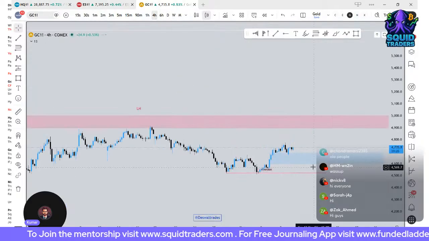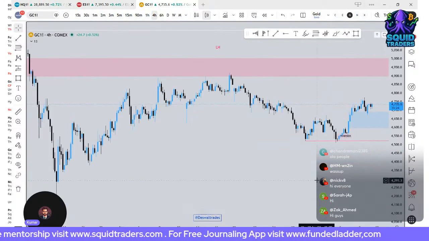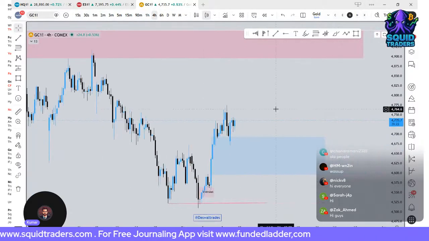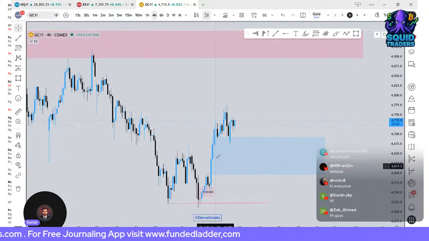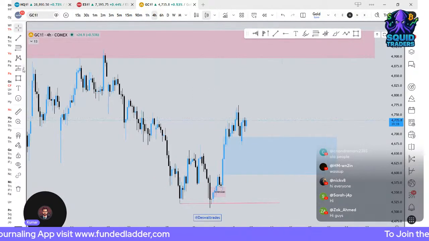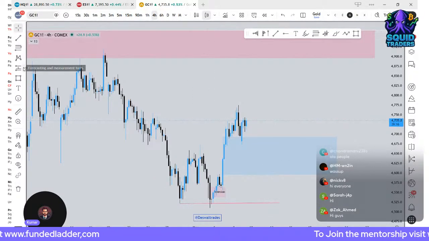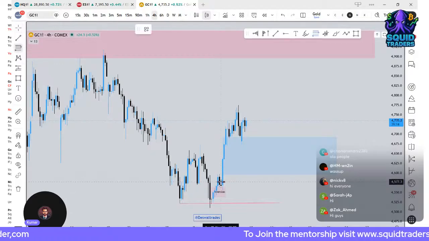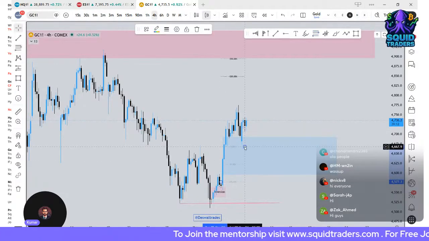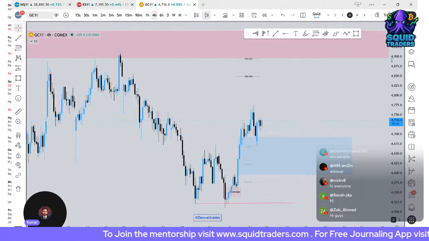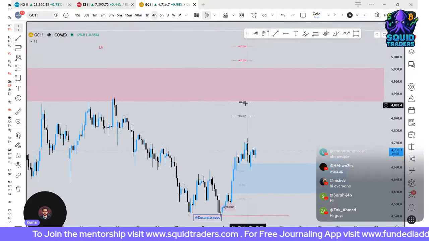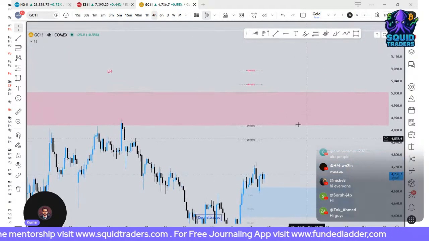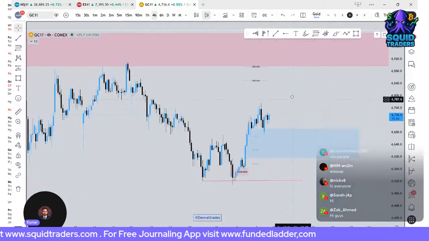So let's see if we go about there to this fair value gap. And if we go to 4 hourly, we got these back-to-back fair value gaps. If we measure these back-to-back fair value gaps from here, you see how nicely we start here. That's 250 and 200%, and then above here is 400%.